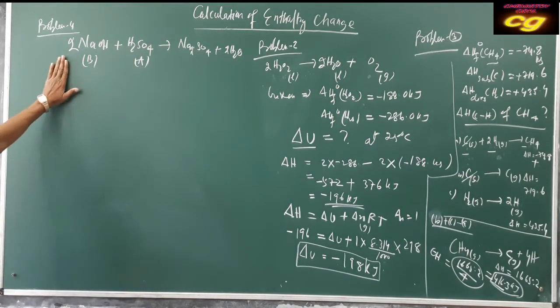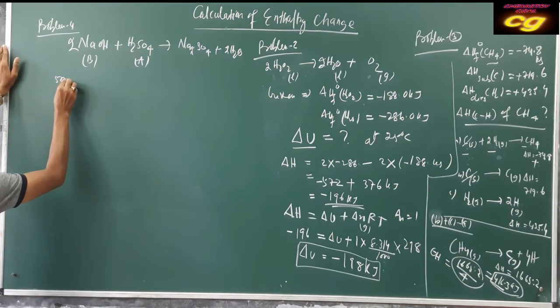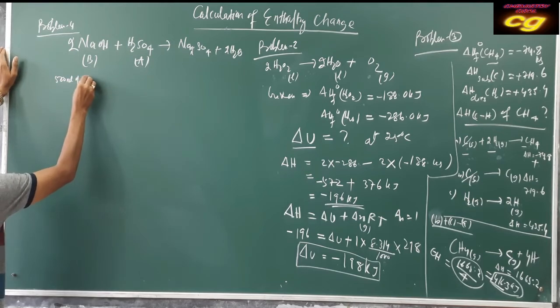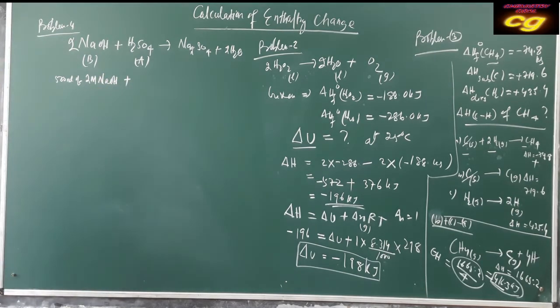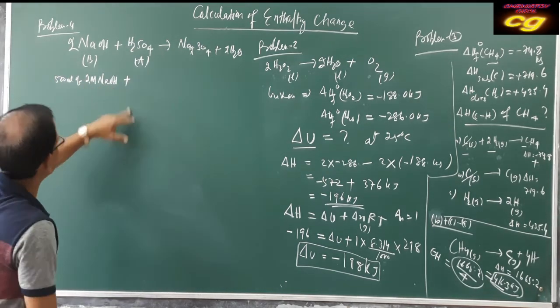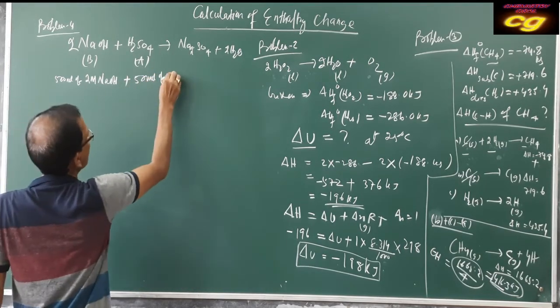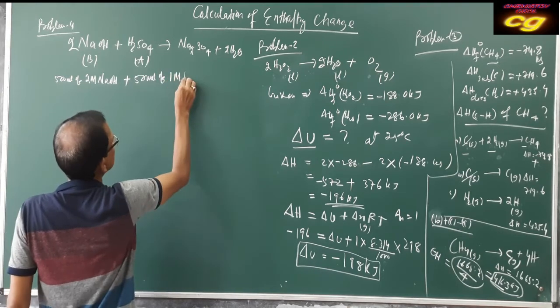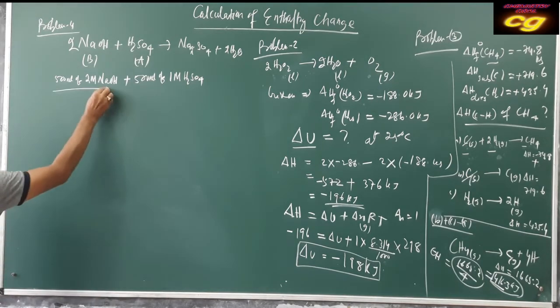But what is the concentration of NaOH given? 500 ml of 2M NaOH mixed with the same 500 ml of 1M sulfuric acid solution. This one mixed with this one.